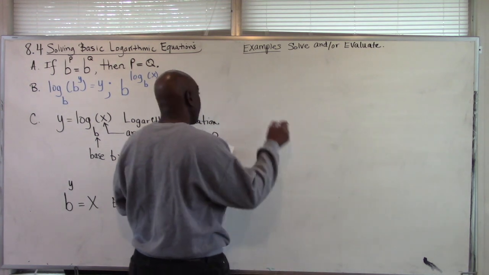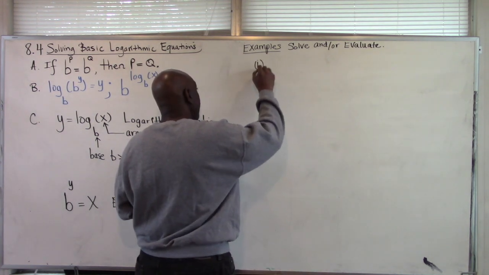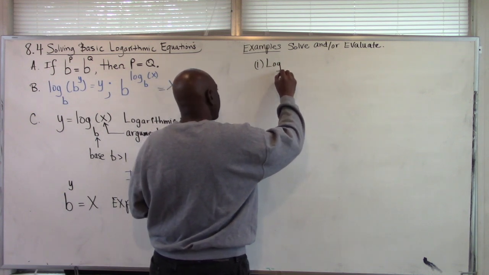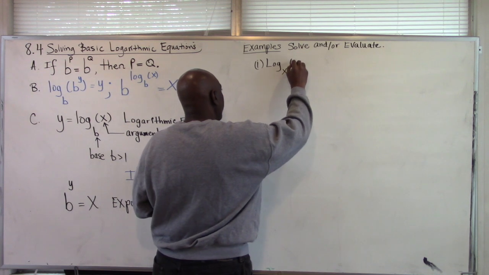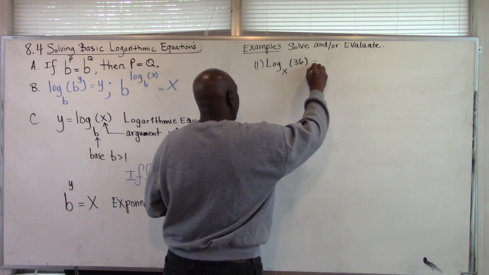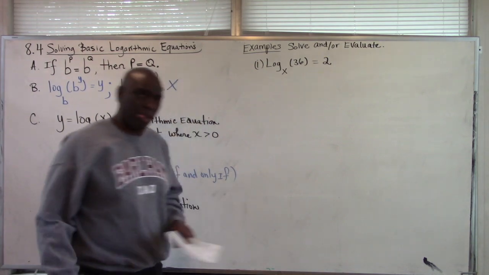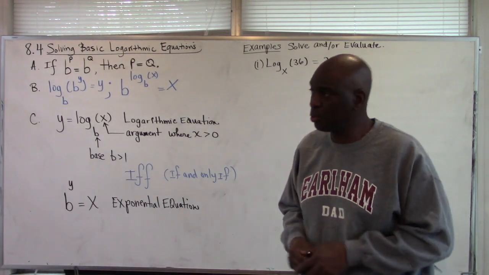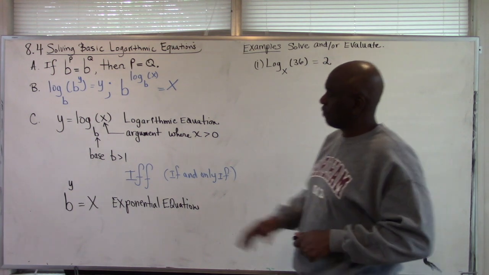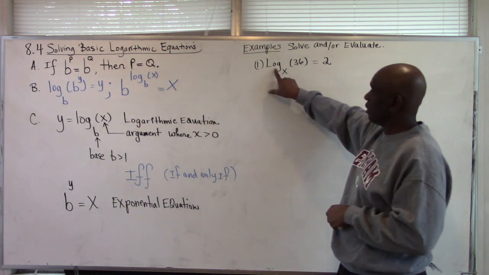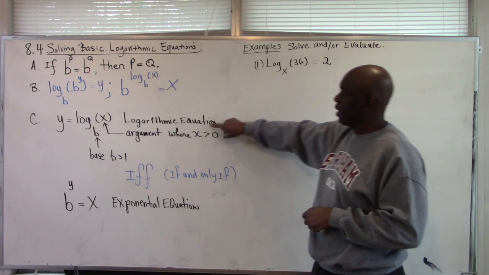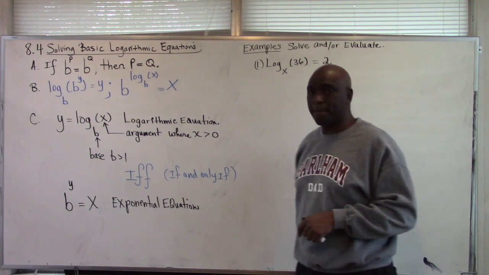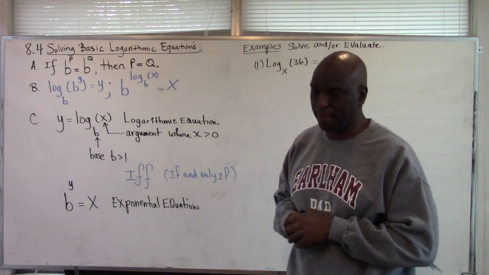The first one: we have log base x of 36 equals 2. Okay, now look. Here's what you have to do. First of all, we have a log equation. You see log here. It's an equation because there's an equal sign there.